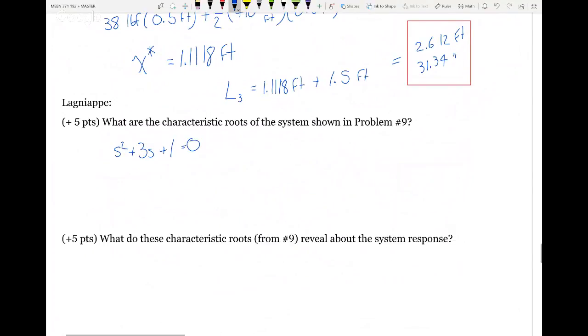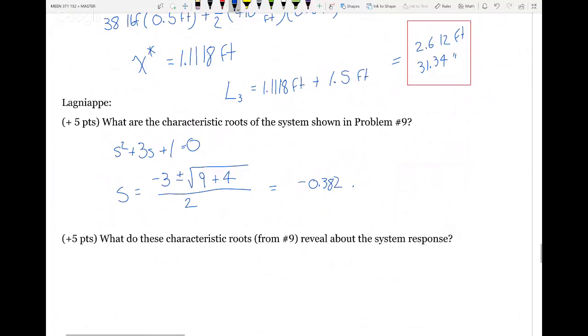And so characteristic roots, we're just going to solve this for the s's, and when we say s equals, we're just going to use the quadratic formula, -3 plus or minus the square root of 3 squared plus 4ac, divided by 2.